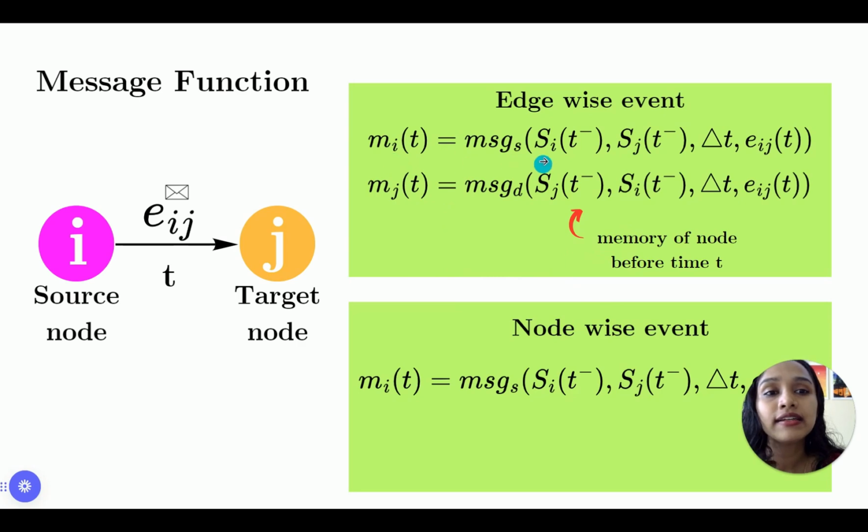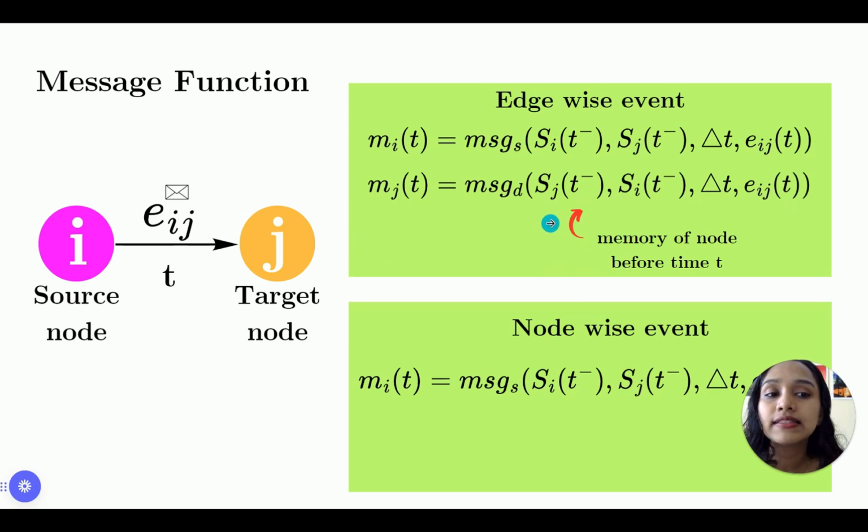For an edge-wise event, we can compute two messages: one message for the source node I and one message for the target or destination node j. When we compute these messages, we consider the previous time instance, which is t minus, and the current time instance, which is t.